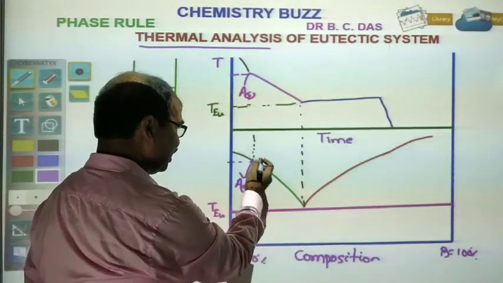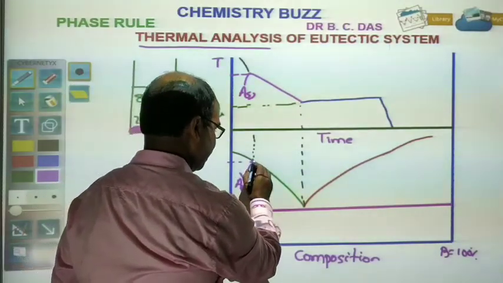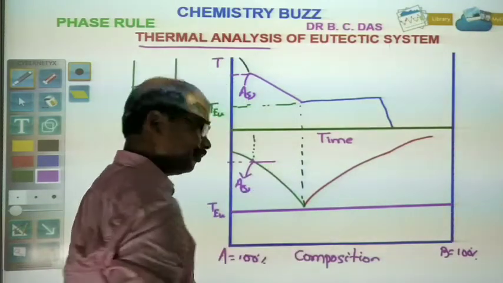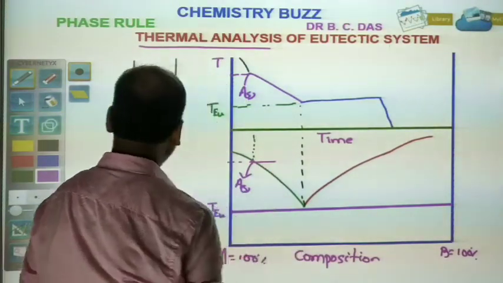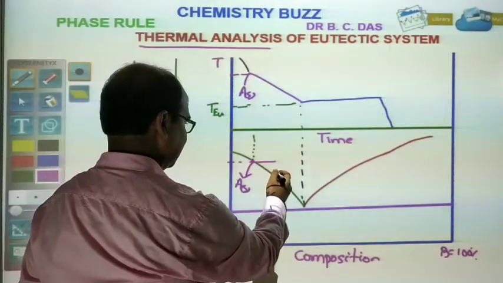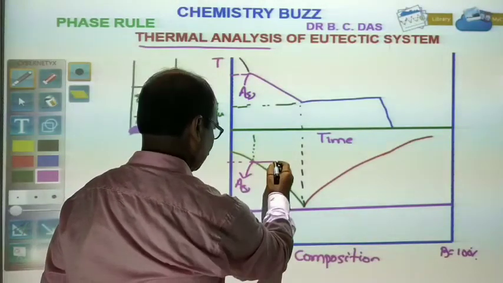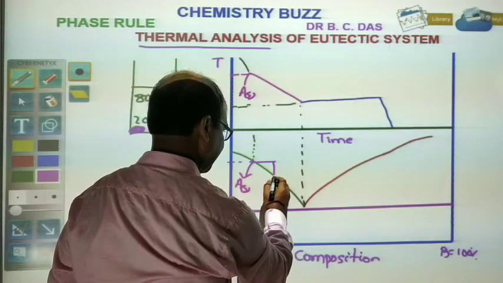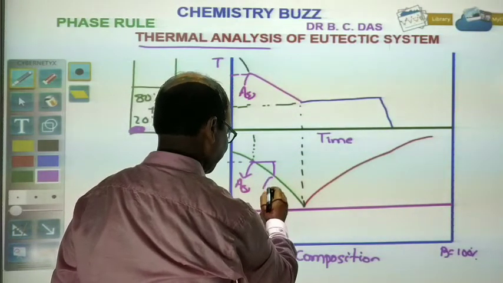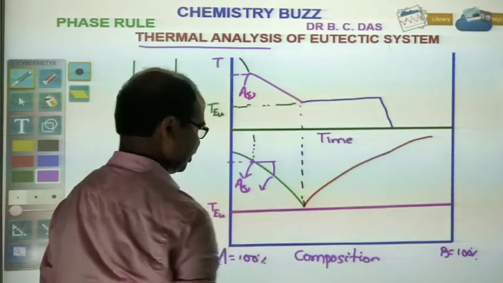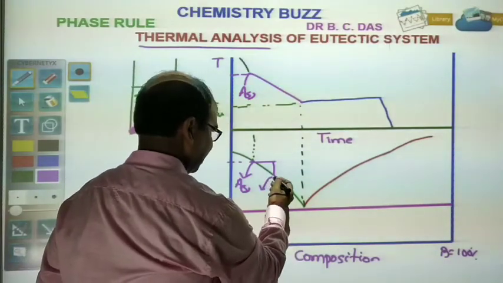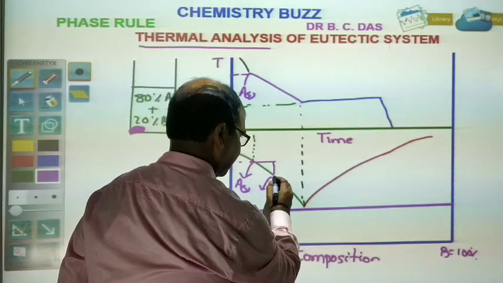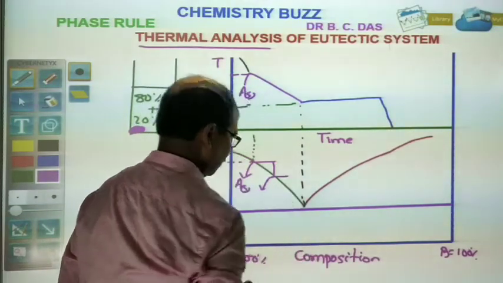And another thing happens here, that the composition of the solution changes to here. At this composition, if it is further cooled, then further solidification of A will start here, in equilibrium with the solution, and the composition of the solution shifts to here.